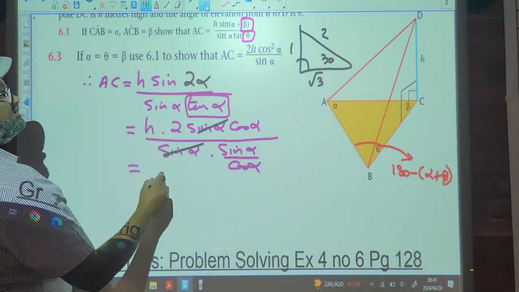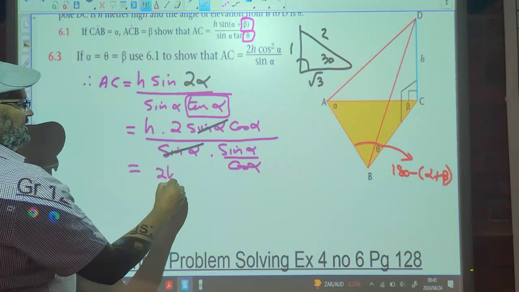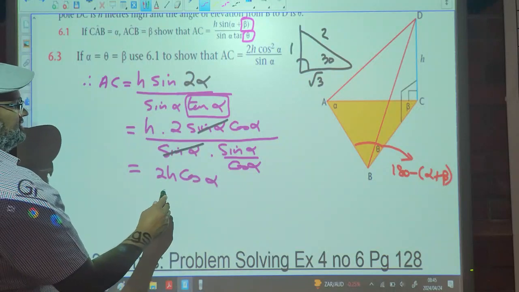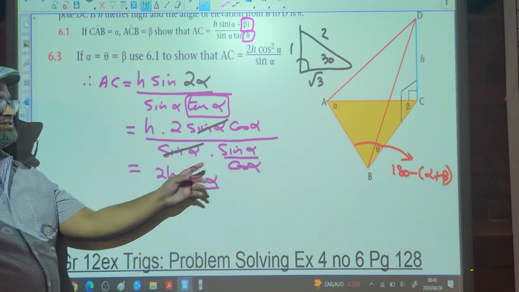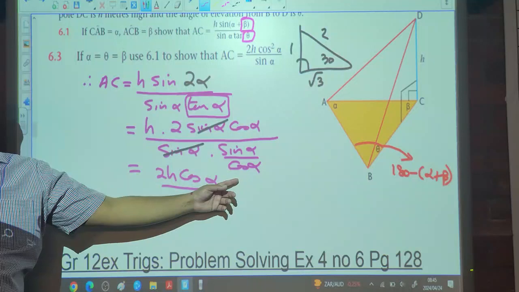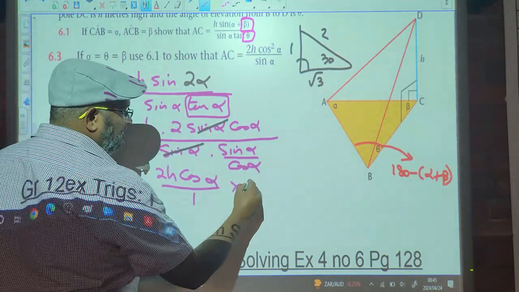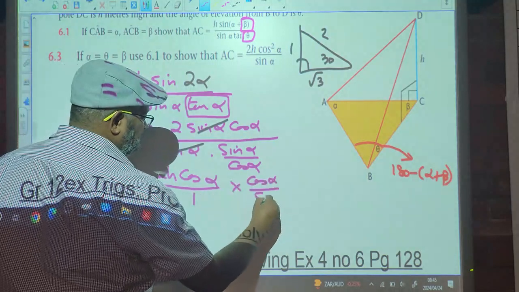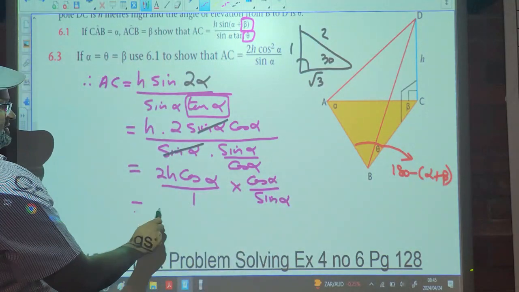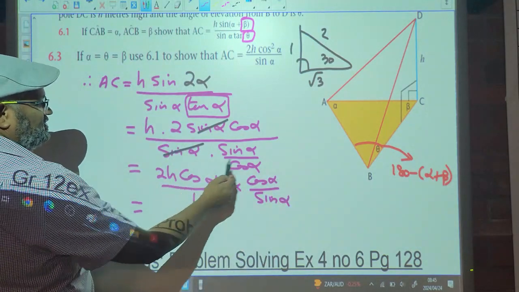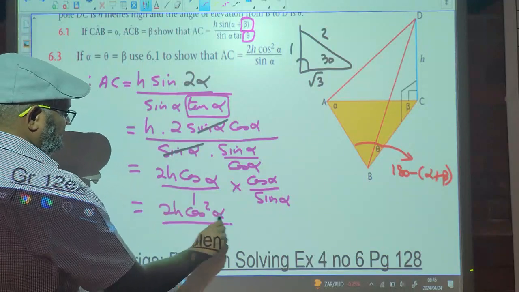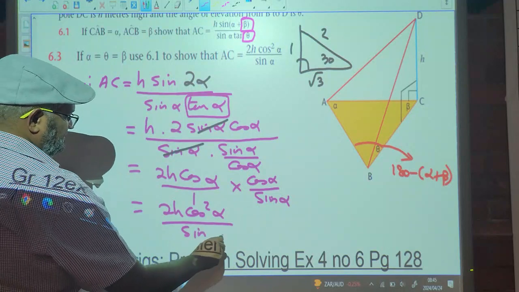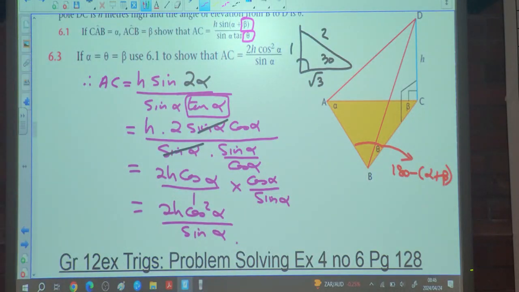Which now gives you 2H cos alpha over 1 divided by sine alpha over cos alpha, which is the same as multiplied by cos alpha over sine alpha. Nothing can cancel here, so 2H cos alpha times cos alpha is 2H cos squared alpha over 1 times sine alpha. That is exactly what they wanted us to prove.